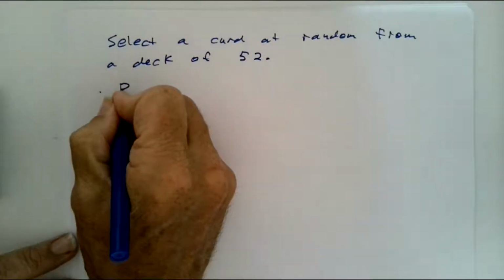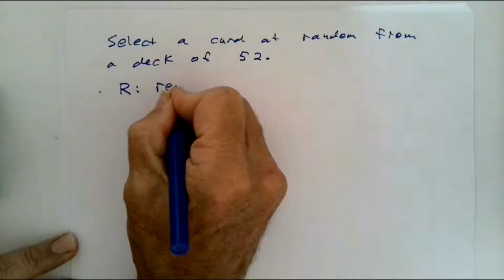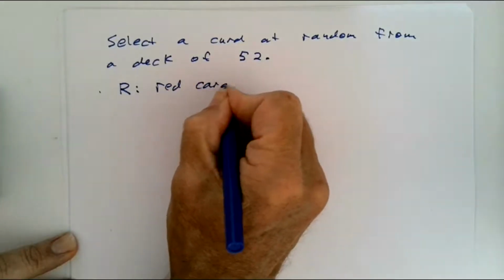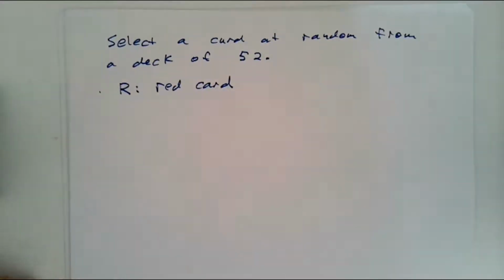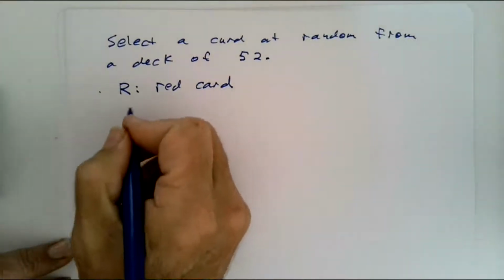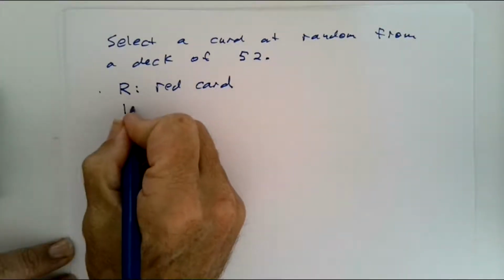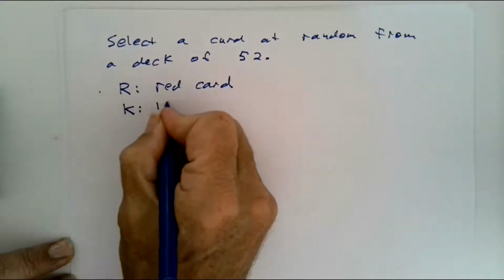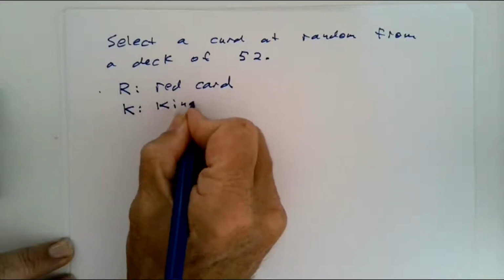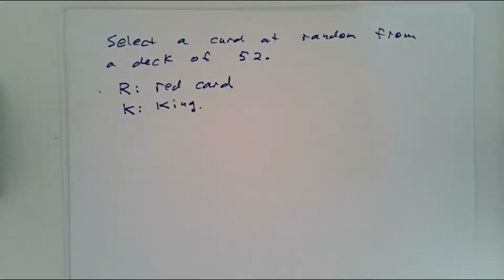So R will be the event that what we have is a red card, and K will be the event that it is a king. Now let's think about how many red cards we have and how many kings we have.